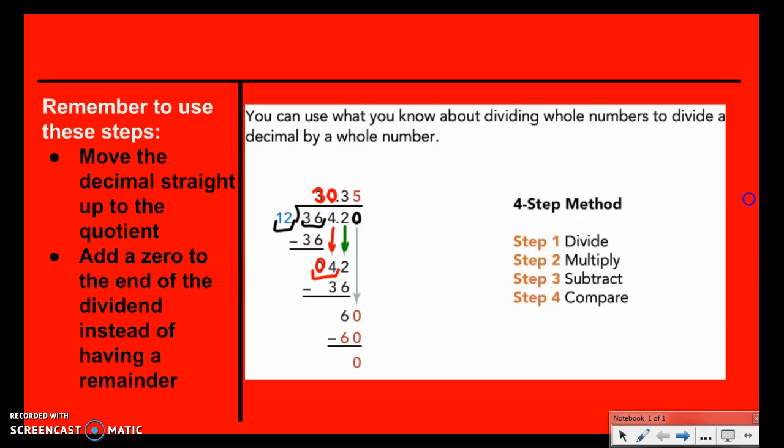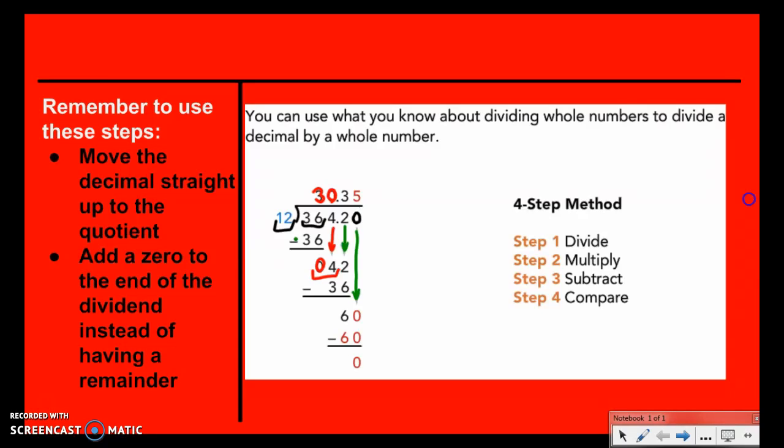So can 12 go into 42? Yes, it can go in 3 times. So you're going to do 3 times 12. We just did that earlier up here. So it's going to be 36. Subtract 42 minus 36. You're going to have an answer of 6. The last thing is bring down your last 0. 12 can go into 60 5 times, which is exactly 60.